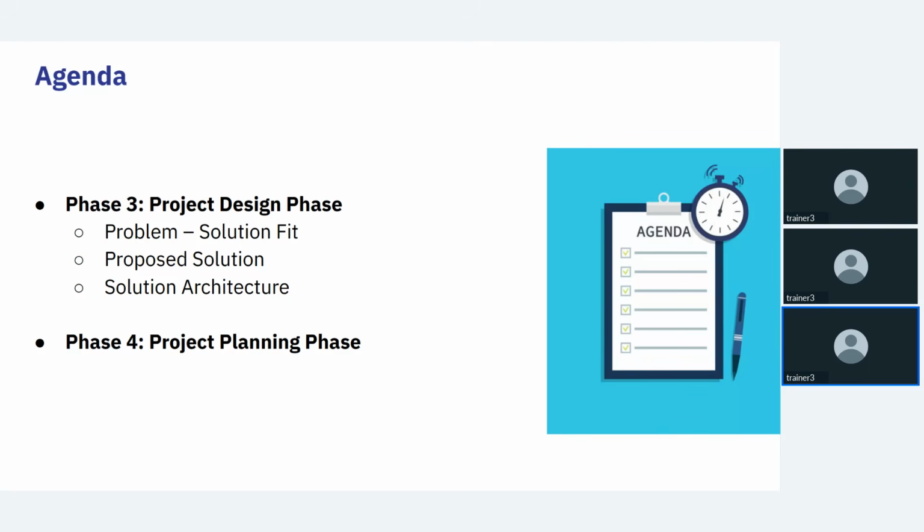In the same way, we'll discuss some more things in phase 3 and phase 4, the project designing phases. You need to fit your solution to that problem. For example, your problem is about login authentication, and users are unable to register or log in. If you only fix the register part, they are still unable to log in, so you get another issue.